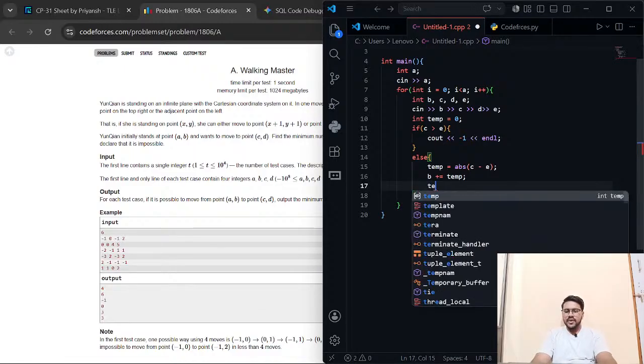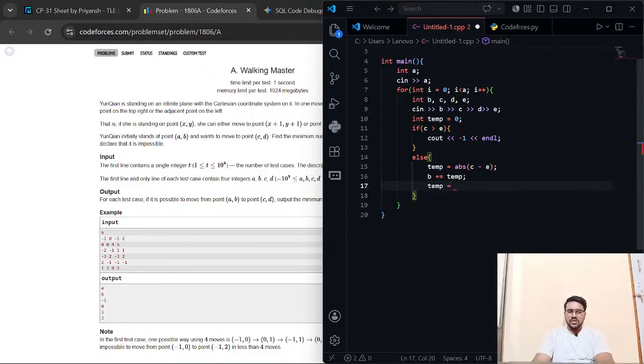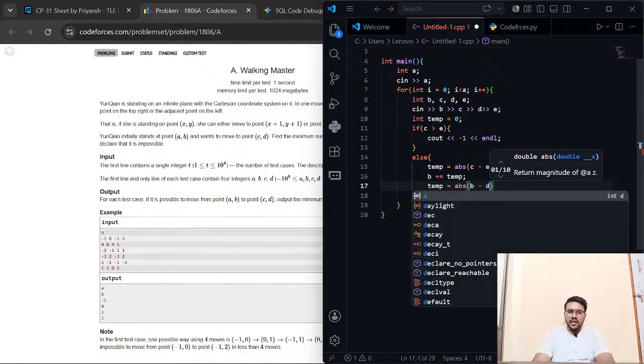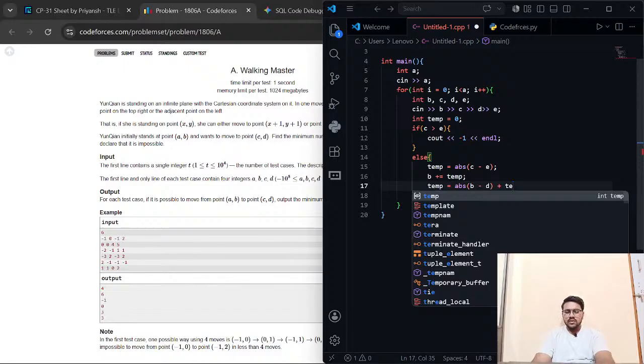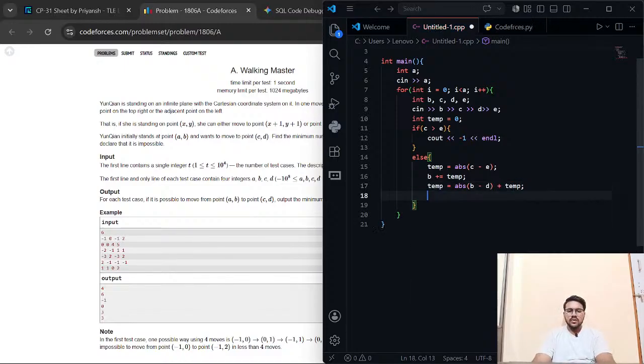Now temp new equals ABS of B minus D plus temp. Now see the output, temp.